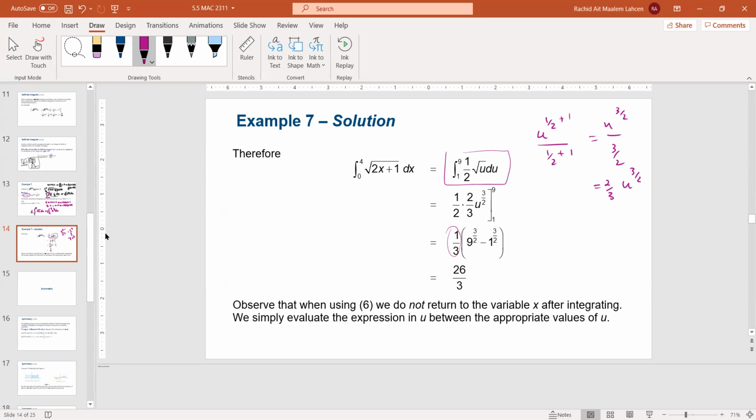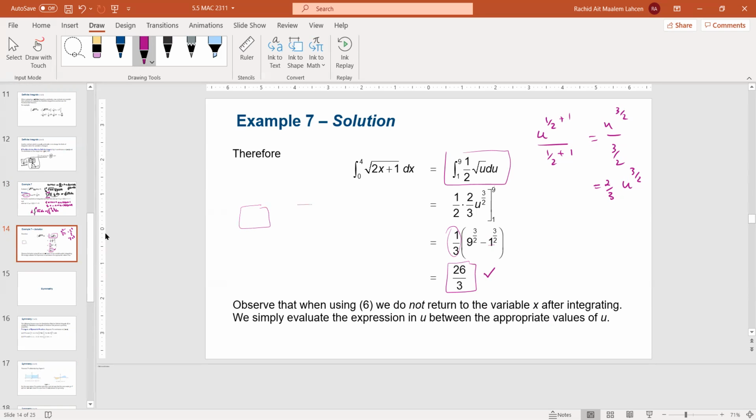Now we have the lower limit 1 and the upper limit 9, and we use those and get the answer. So as you notice, this is why it's good to use this method for definite integrals, because you don't have to go back to x. It actually calculates it and it finishes it there.